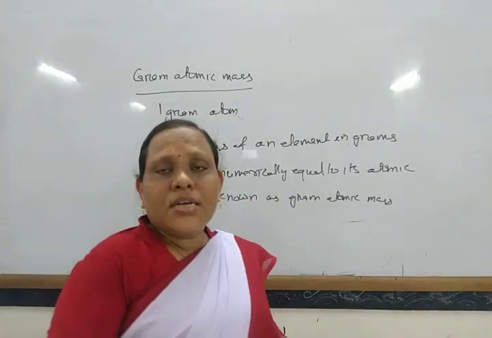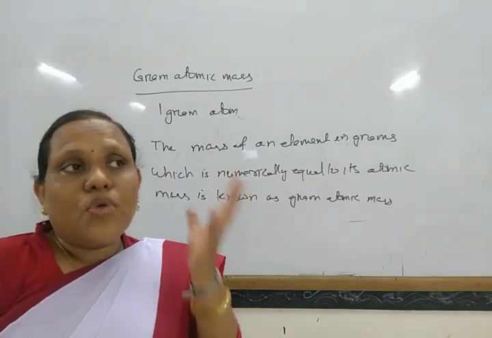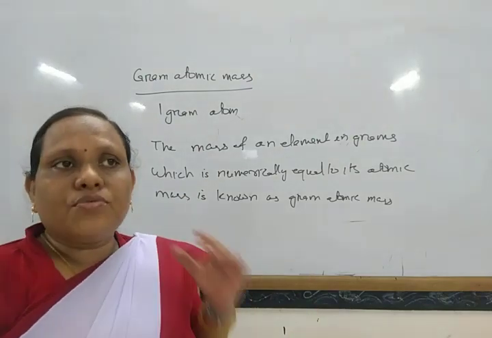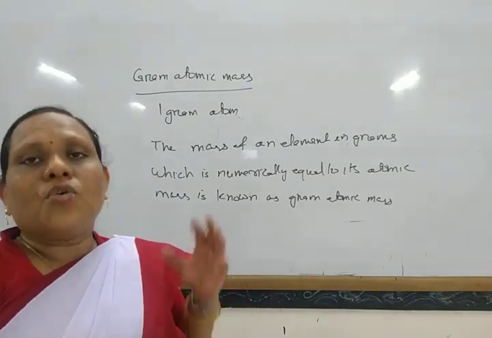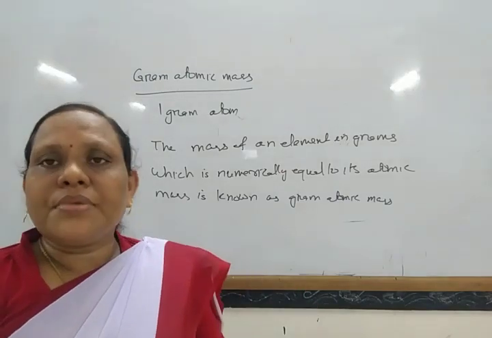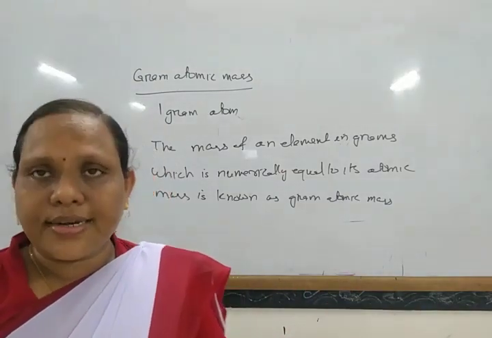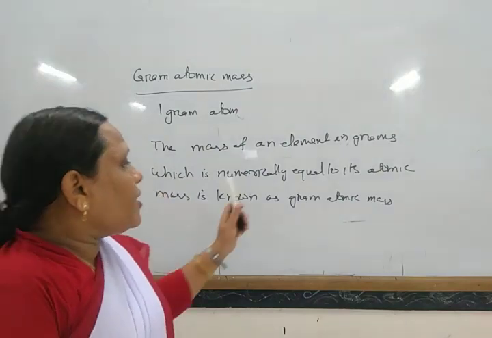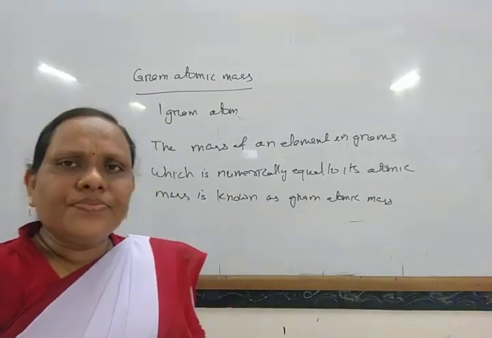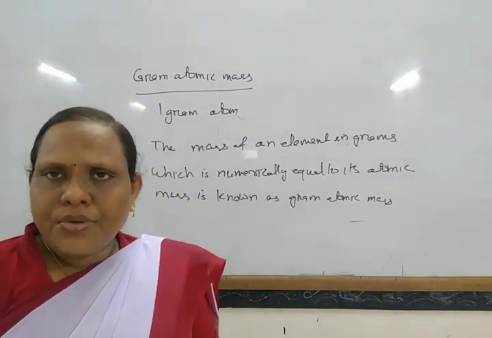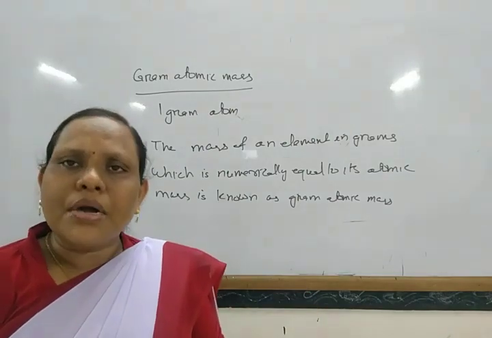Don't confuse 1 gram of a substance with 1 gram atom of a substance. 1 gram of the substance just means its weight is 1 gram. Gram atomic mass means you take the atomic mass value and just put gram after it.